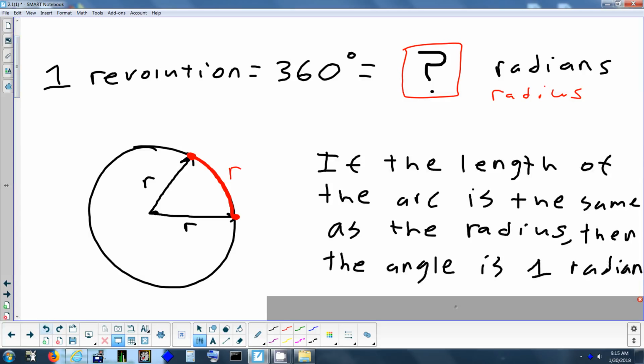That's how you would draw 1 radian. If somebody said, I want you to sketch me an angle that's exactly 1 radian, you would try to sketch it so that this arc comes out exactly the same size as the radius. If you made the arc too big, then your angle would be more than 1 radian. If you made the arc smaller than the radius, then your angle would be less than 1 radian.